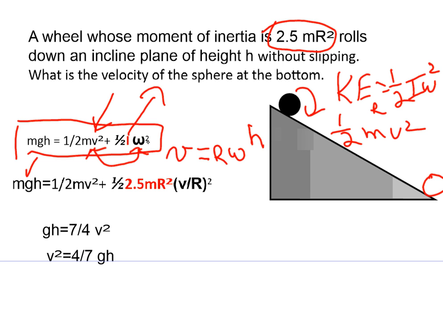So we substitute for omega here v over r. This is omega, and this is I, in 1/2 I omega squared. Just solve this equation; all the masses cancel off. Solve for v, and you get that v squared is equal to 10/7 gh.